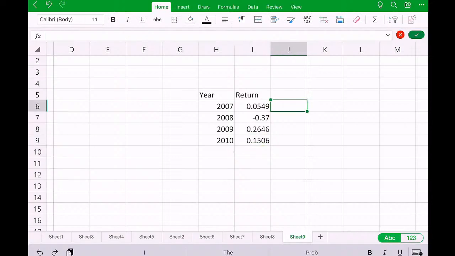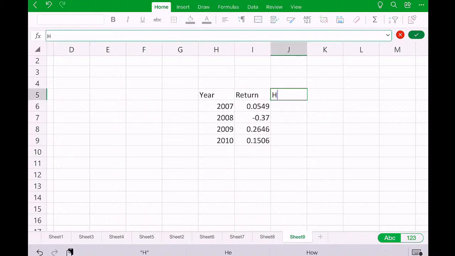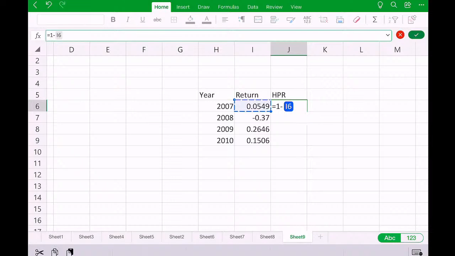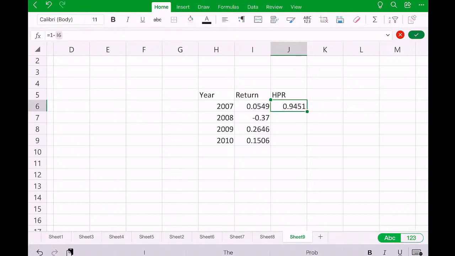And what you want to do is multiply. So for the holding period return, you want to get 1 minus this amount, and you want to copy that all the way down.